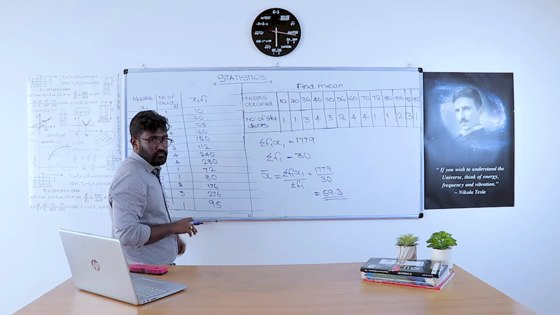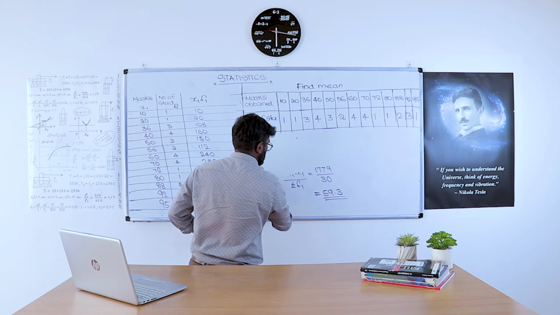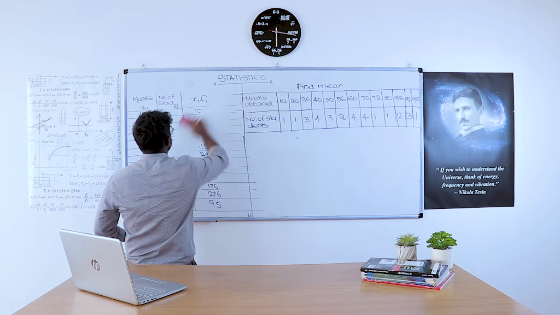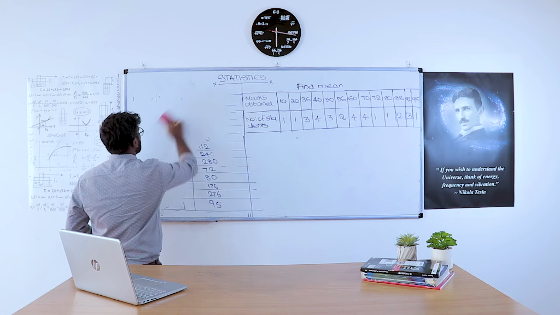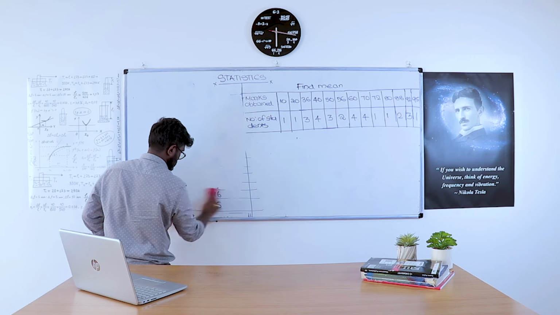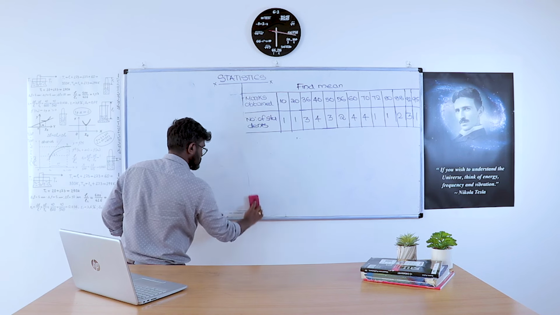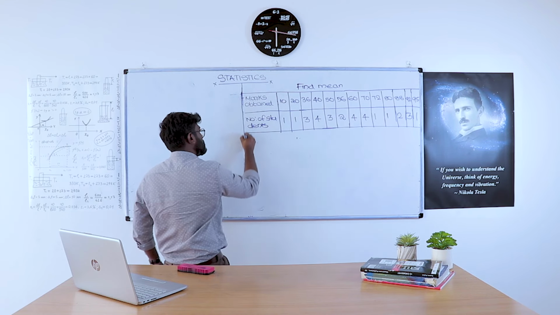And right now we have to convert this ungrouped data into grouped data, and then using an equation we have to find out the mean. Okay, we will check it out. How will you convert the ungrouped data into grouped data?